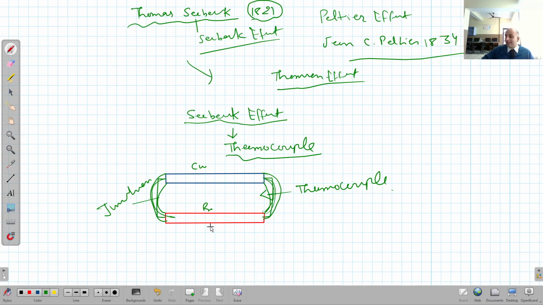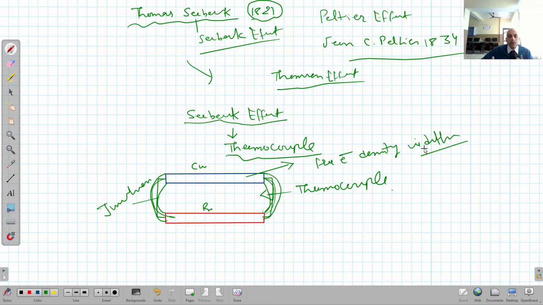We know very well that in all metals there is a different density of free electrons. Clear? Free electron density is different, right? Different metals have different Fermi levels.